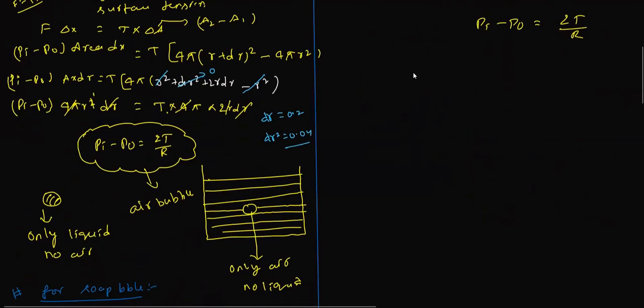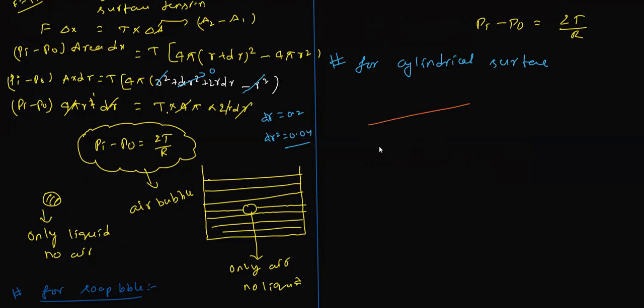For example, if they ask you about a cylindrical surface. Cylindrical surface means they have given one surface like this.